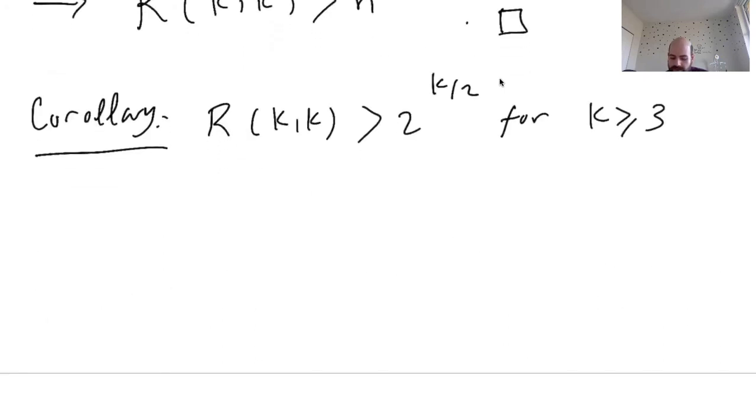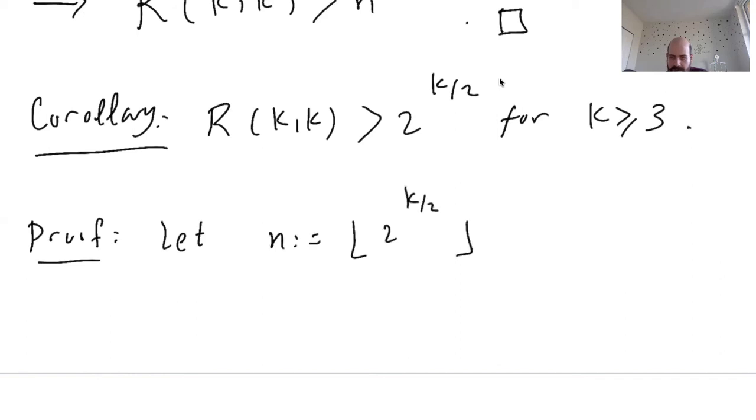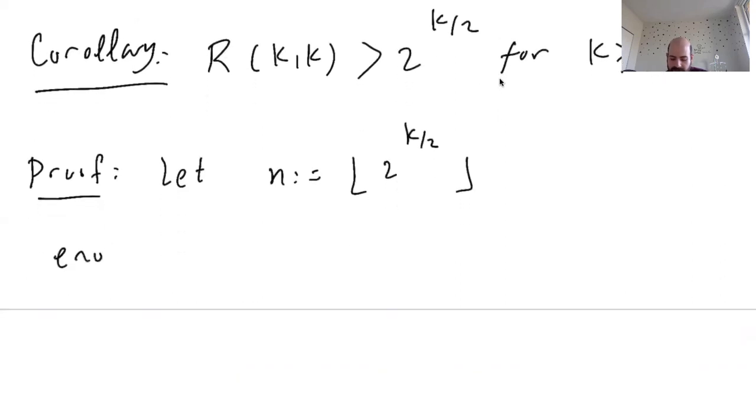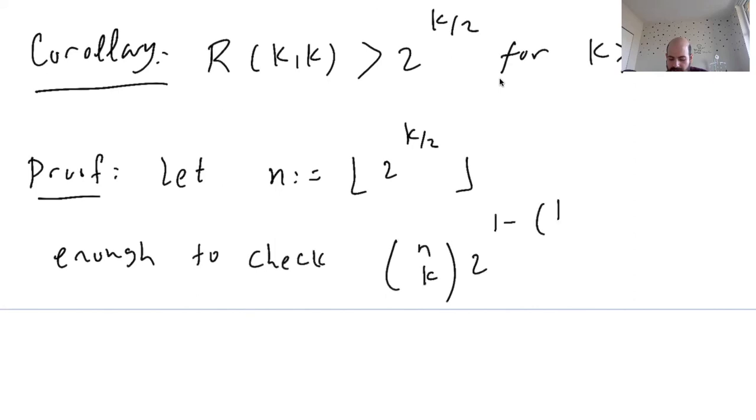Okay, so let's see how we can prove this. Proof: let n be equal to the floor of 2 to the power k over 2. So my claim is that it's enough to check that n choose k times 2 to the power 1 minus k choose 2 is less than 1.